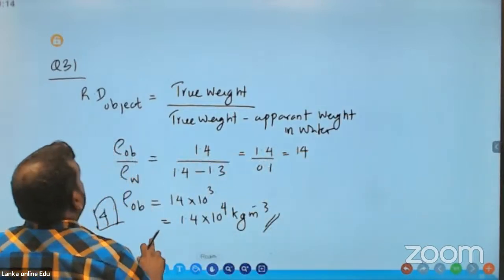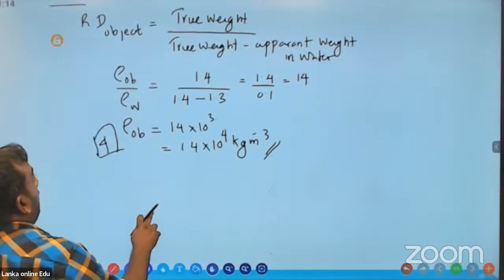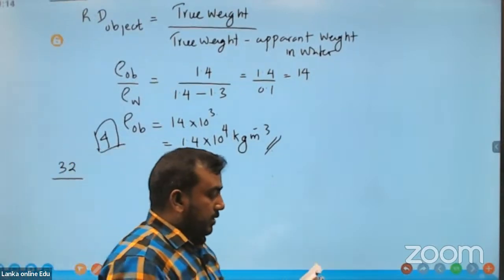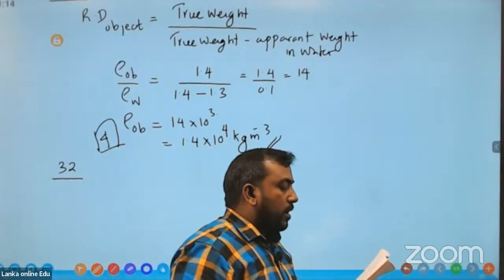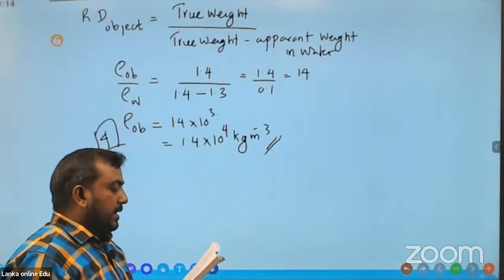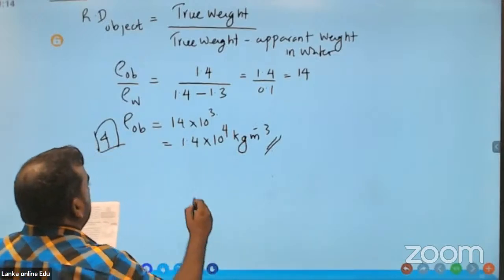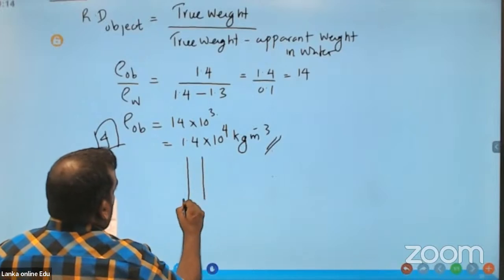MCQ 32. A tube of length L is fitted to a vessel having a height L and a bottom area A as shown in the figure. So here you go.